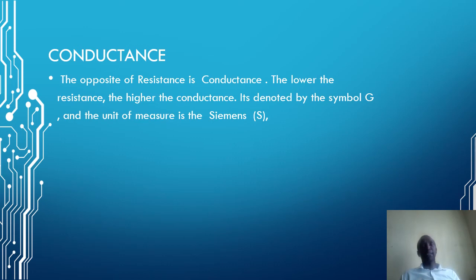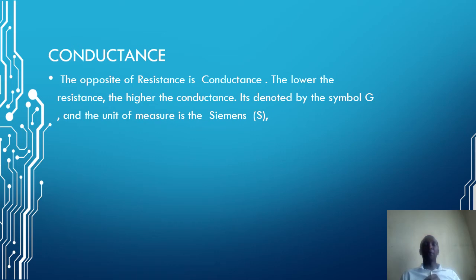Now, the inverse of resistance is something we call conductance, and this is a unit used to measure how effectively electricity can move through a conductor. The higher the conductance, the better the conductor. The lower the conductance, the poorer the conductor, or it can be referred to as an insulator.